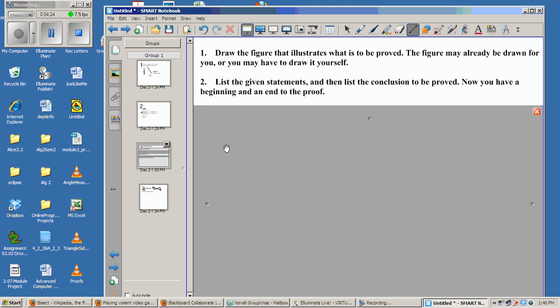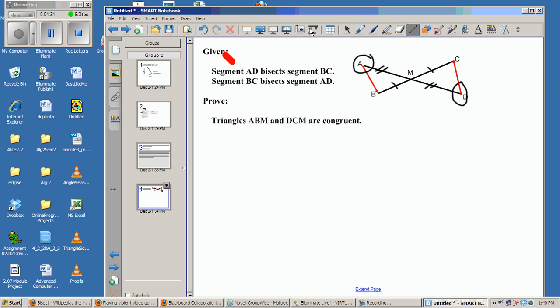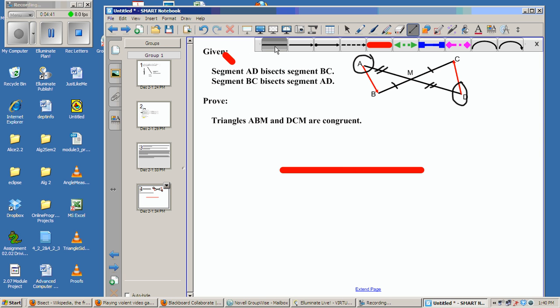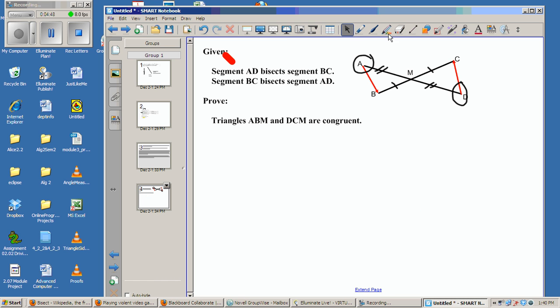So the second step that I do is I list the given statements and list the conclusion to be proved, because then at least I have something in my proof here. So I'm going to go back up here. I'm going to list the givens and what I need to prove. So the first thing that's given is AD bisects BC.